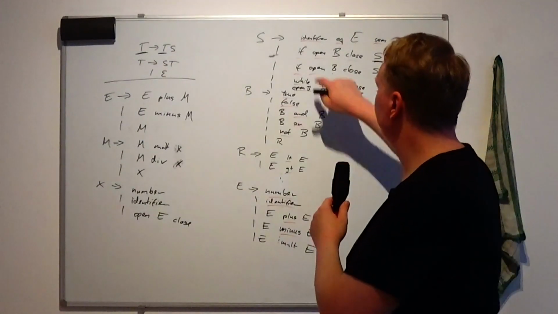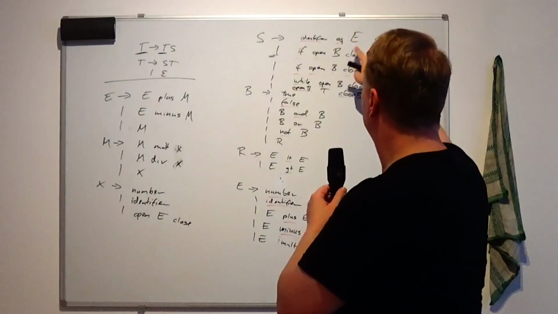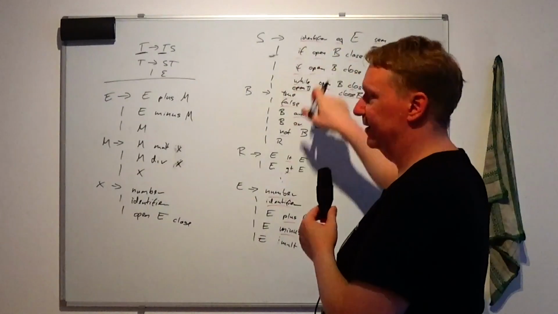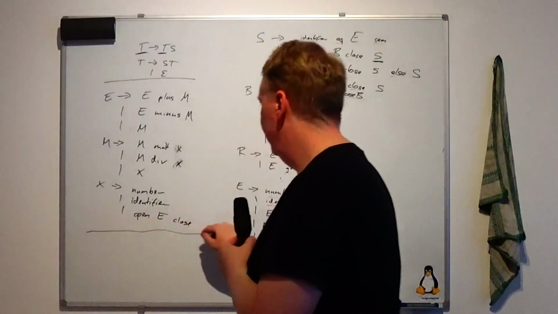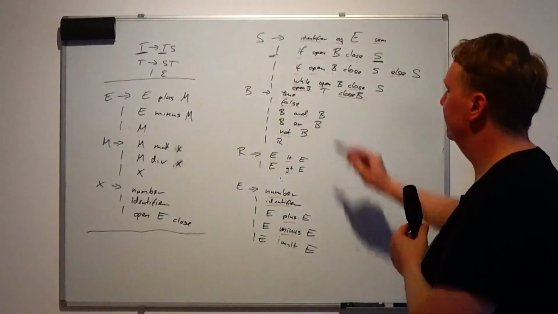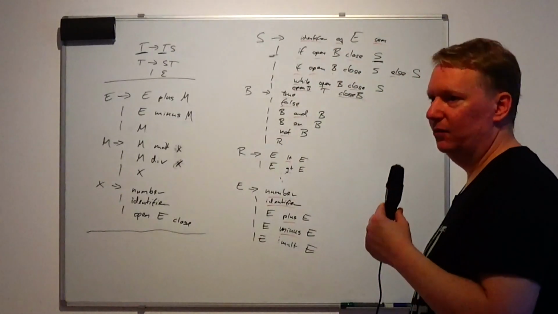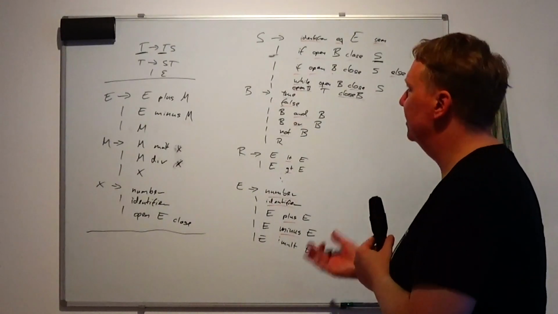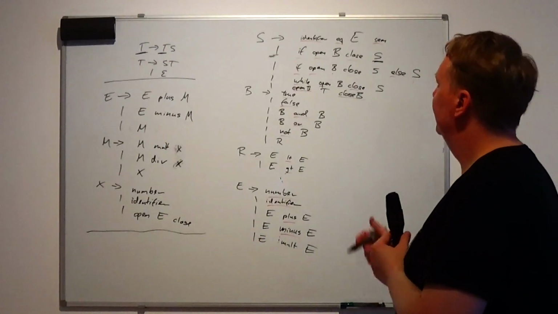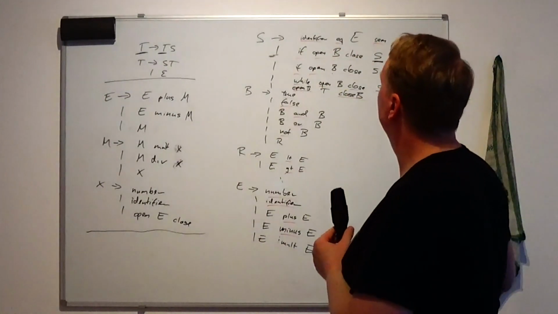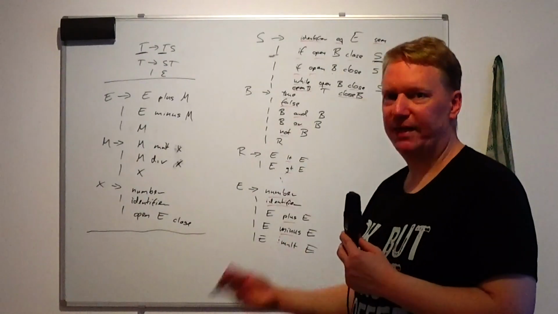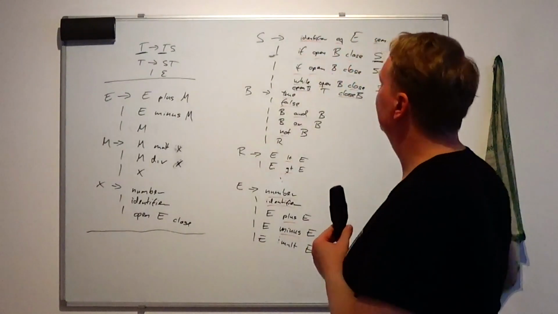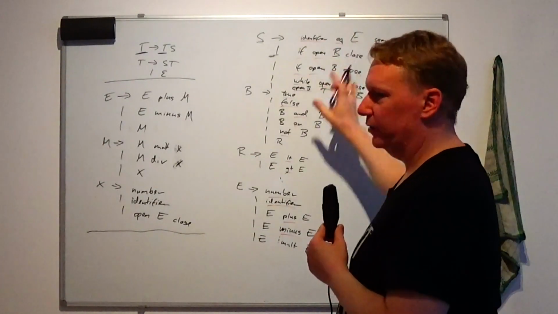Another tip that I want to give you: this identifier equals expression. If you are actually writing a programming language, don't do it like this. For this primitive language that's okay, we only have variables identified by identifiers. But in a bigger programming language, when you have multiple different assignment operators like plus equal, minus equal, and so on, and then you start adding pointers and arrays, then this really gets out of hand.